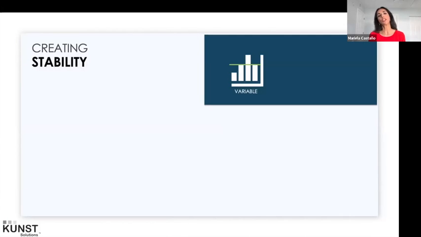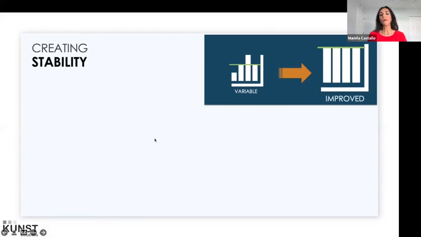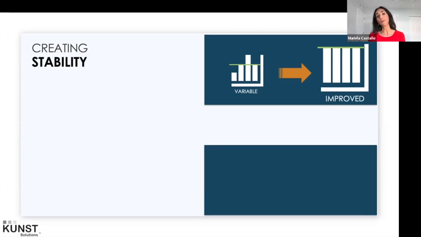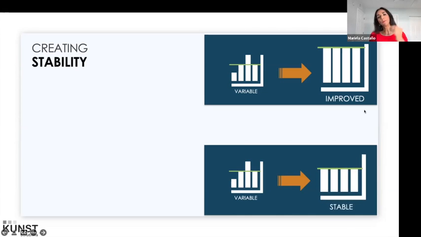Most organizations tend to have uptime in a very variable manner. And we look at uptime as, wow, some days production is better than others, other days we're not doing so well. And there is a big rush in the organization to, we need to inject improvement, we need to ensure that the output is predictable, that it is stable. But if we just do that and we forget that before we improve the process, it's important to bring stability, then we are going to lose focus on what we're doing.